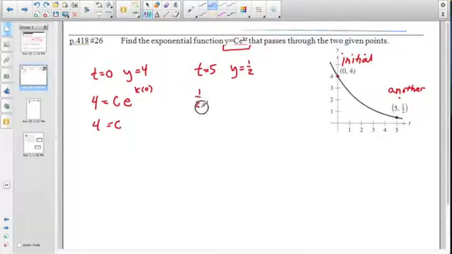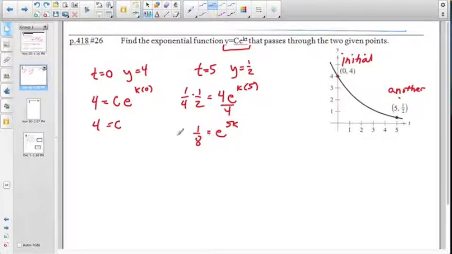So we have 1/2 equaling our constant, which is 4e to the k times 5. And so we have to solve for k, which means we're going to involve natural logs. The first thing we're going to do is divide each side by 4. So we get 1/8 equals e to the 5k.